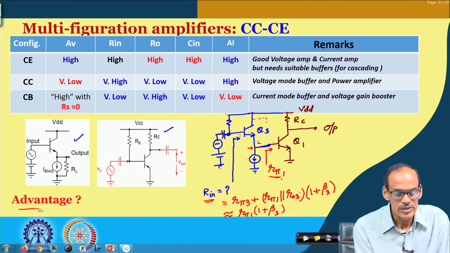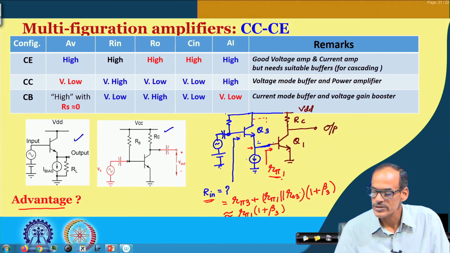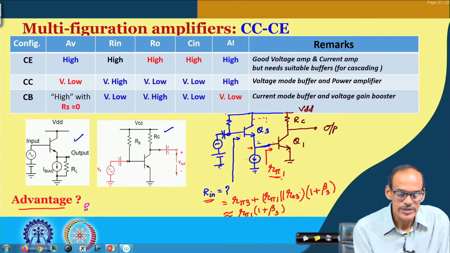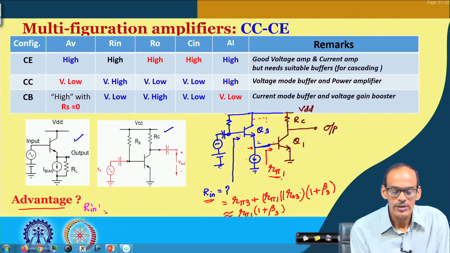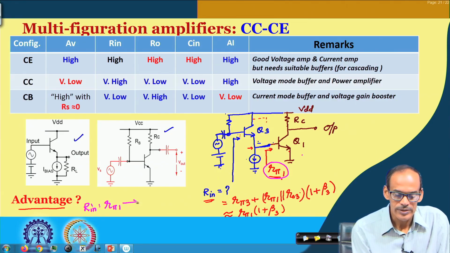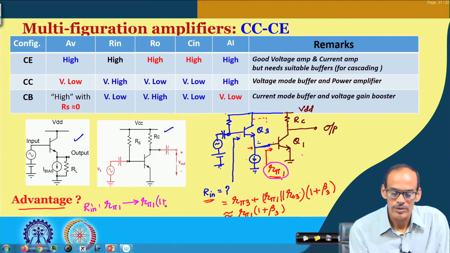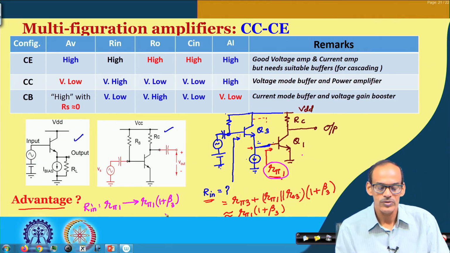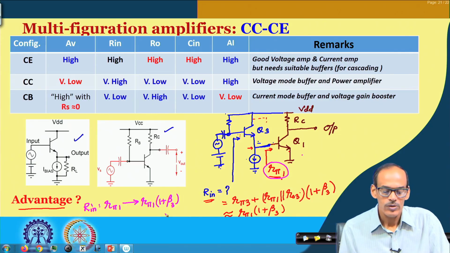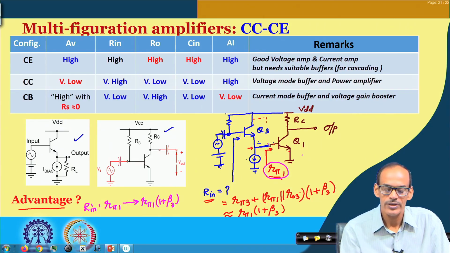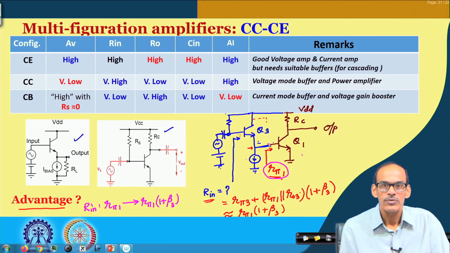So, what is the advantage we are getting here? This input resistance, initially for this stage, was R pi 1. That got enhanced to R pi 1 multiplied by 1 plus beta 3. In fact, this is a very common technique used in op amps. We can put this additional transistor here, which enhances the input resistance, and this is important for BJT circuits.